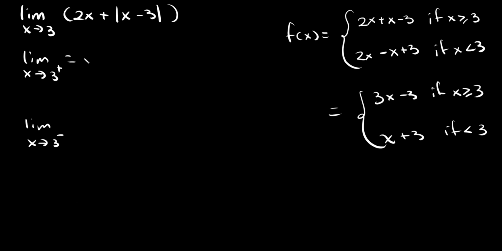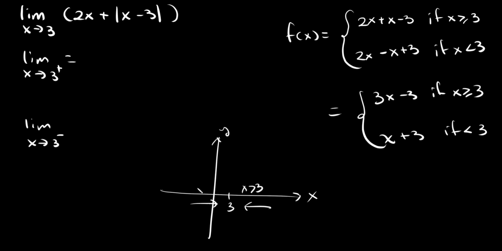So if x is approaching 3 from the right, I'm gonna graph this again. This is my y, this is my x. Let's just put 3 here. If x is approaching from the right, all of my numbers are going to be greater than 3.